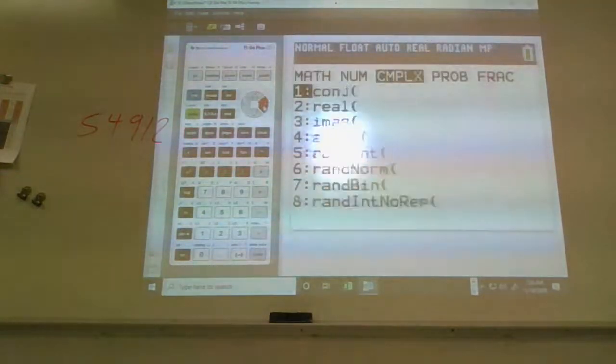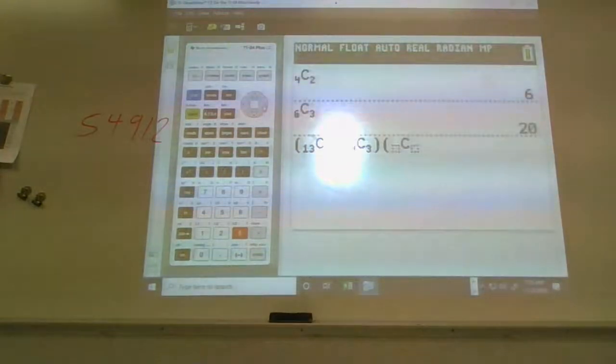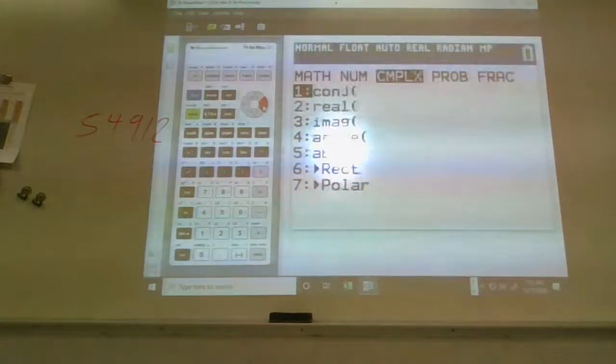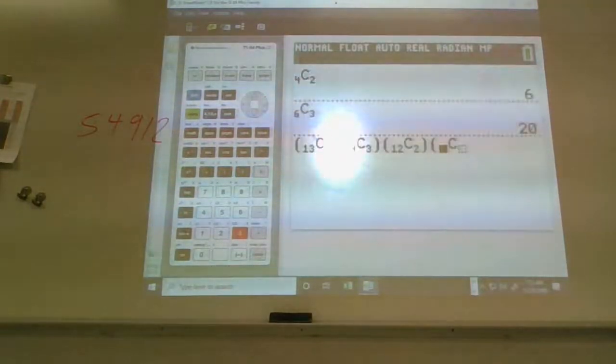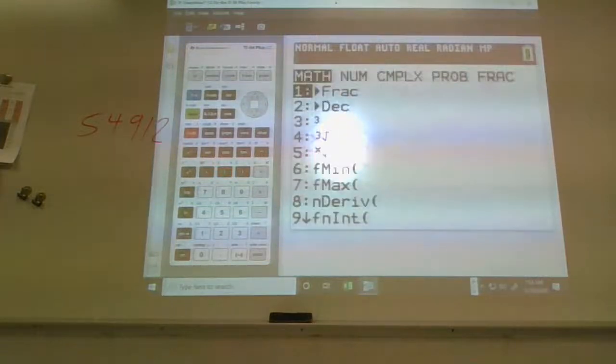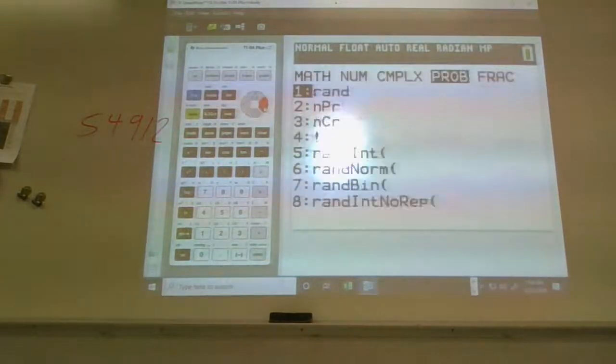Math, Prob, third one, 12. Go over. Put the 2. Close that. Open it up. Math, Prob, 3. I prefer having the actual calculator in my hand. But unfortunately, these are the circumstances.